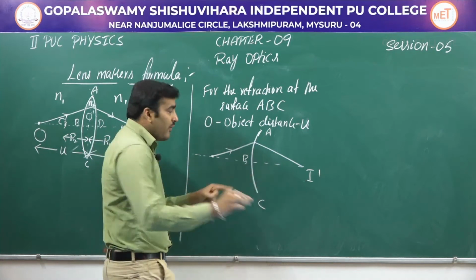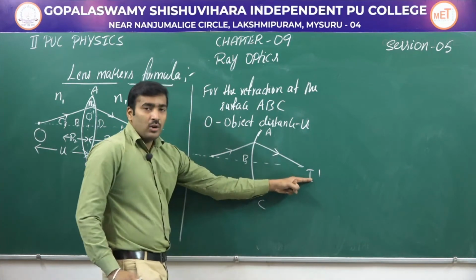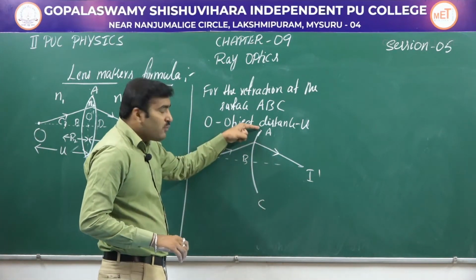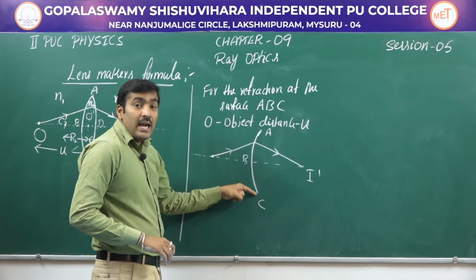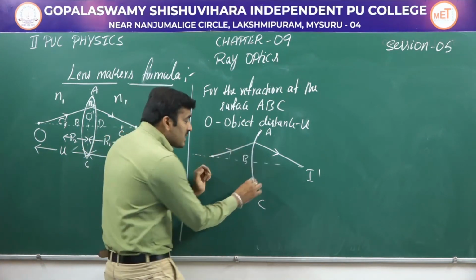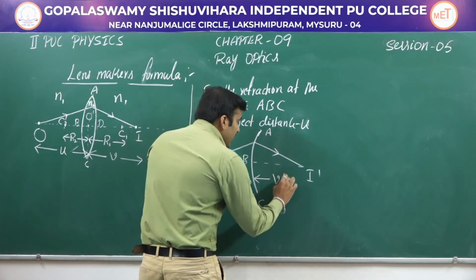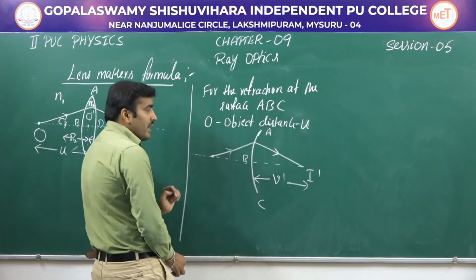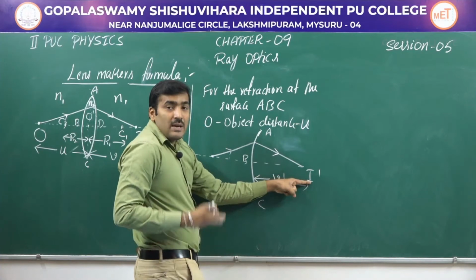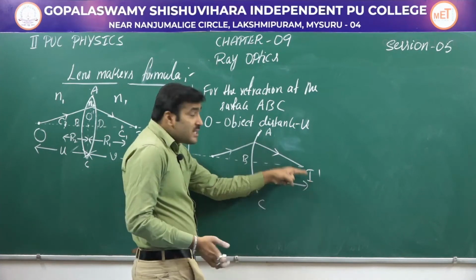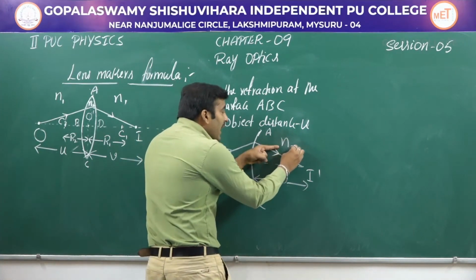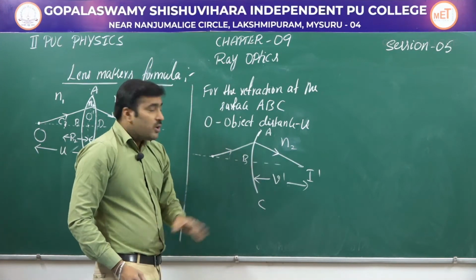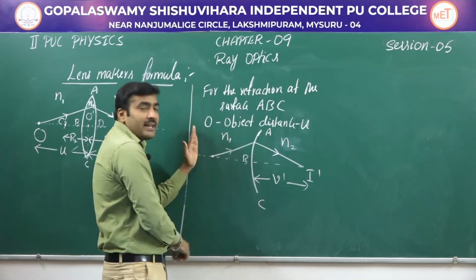This I dash is not a final image. It is the image formed because of the surface ABC, okay, at a distance of V dash. So this image I dash is formed in the second medium of refractive index N2. So here we need to consider the two refracting surfaces.